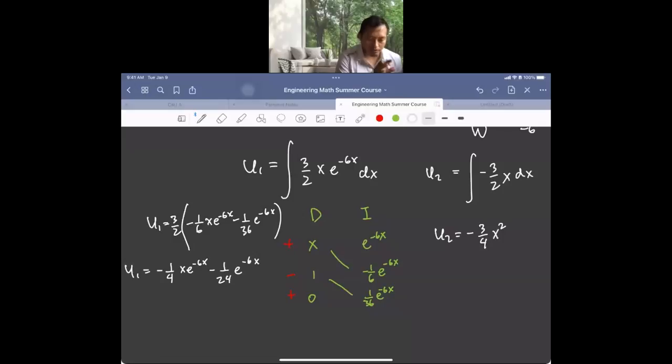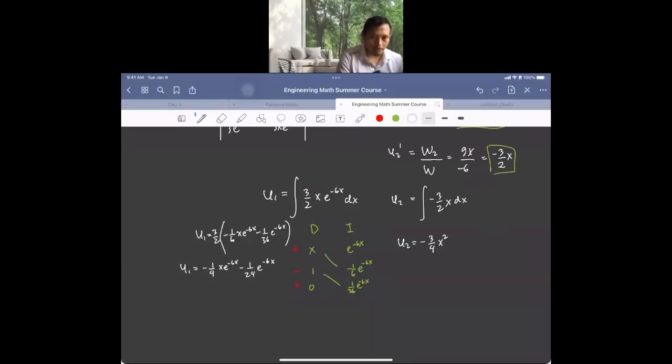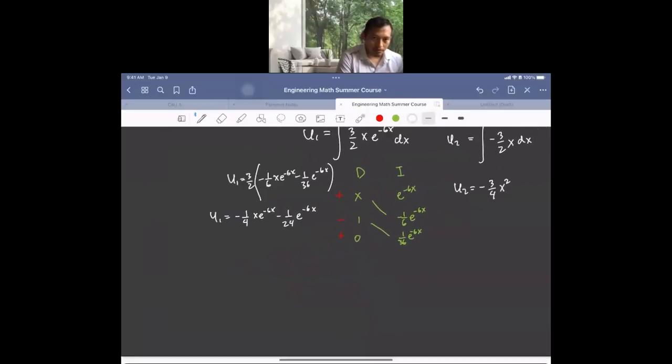Okay, u1 is that, and u2 is simply negative 3 over 4 x squared. Okay, no need to add the constant because not useful for now, but we add later here in our solution.